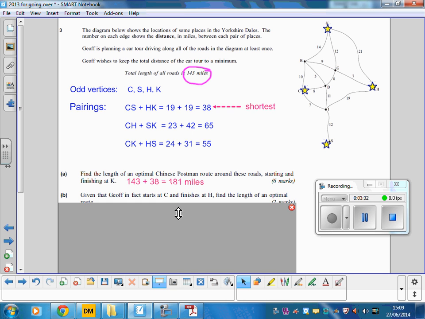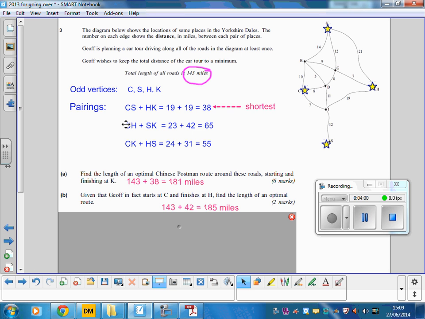Now then we start getting on to more complicated questions related to this. So this time we're given a start and finish. Jeff starts at C and finishes at S. Find the length of an optimal Chinese postman route. So always what you do, when you're given a start and finish, the value that you add to the total for the network is always the one next to it.